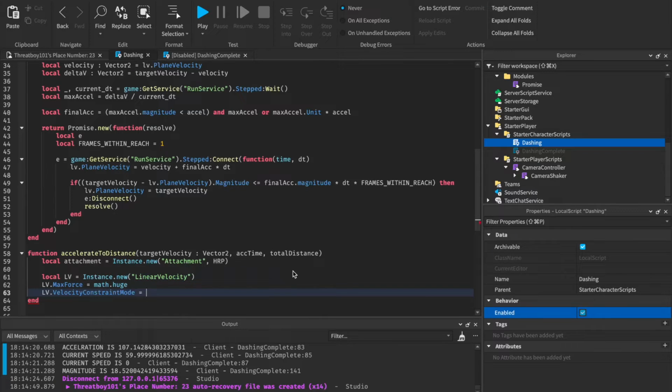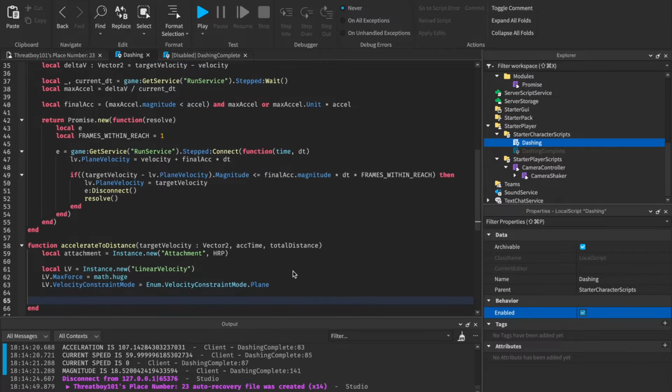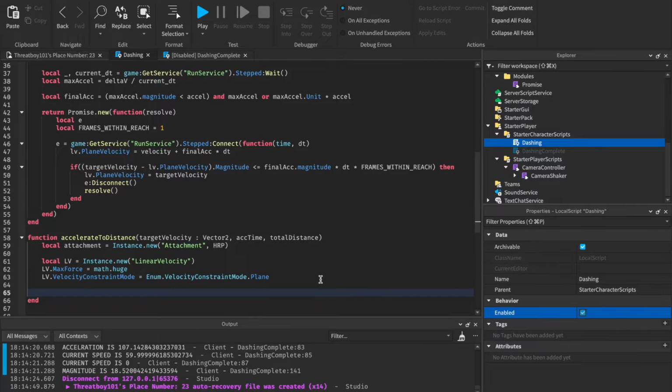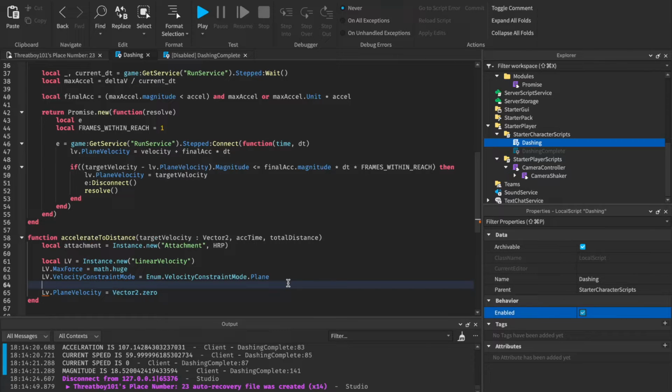We will set velocity constraint mode to be plane. We only want to apply velocity within the lateral plane. We'll just set the velocity to Vector2.zero for starters.